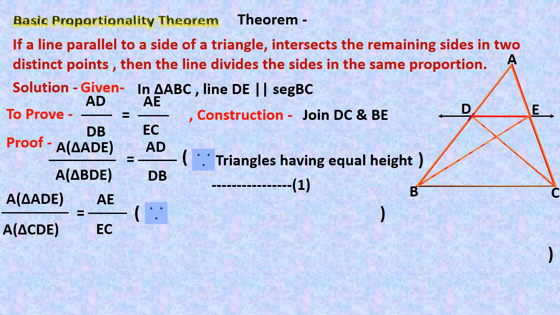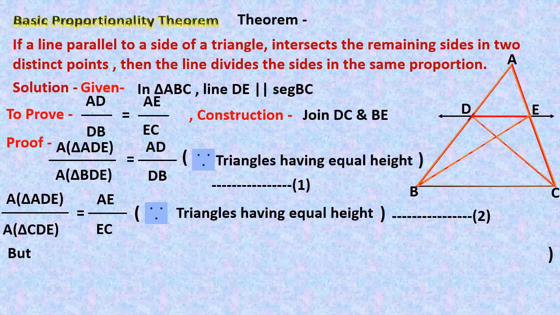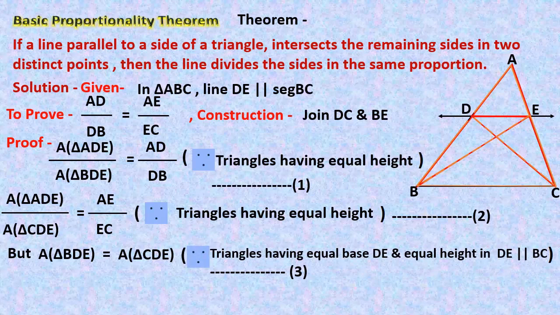But the area of triangle BDE and the area of triangle CDE are equal, because triangle BDE and triangle CDE have equal base DE and equal height, since DE is parallel to BC.